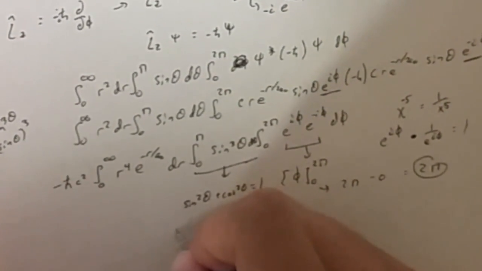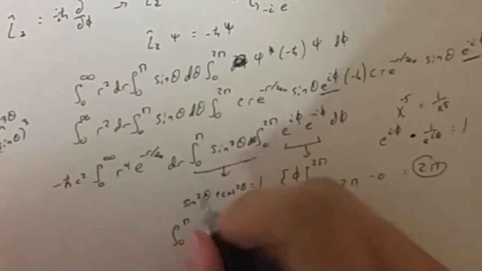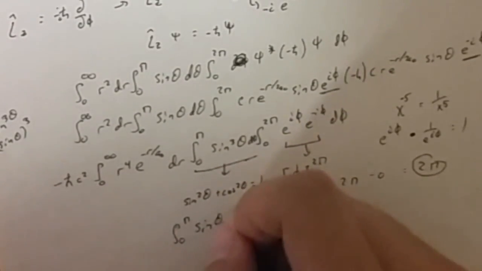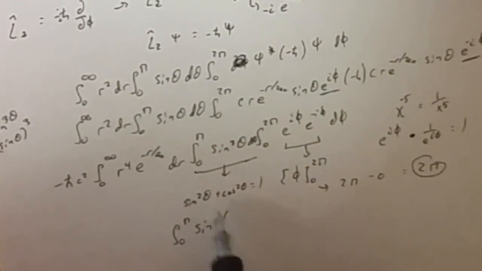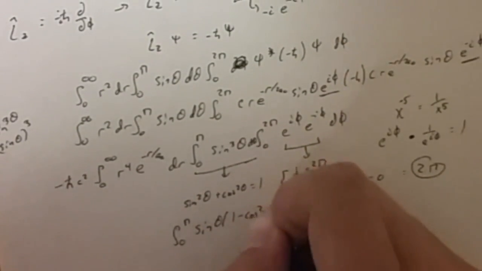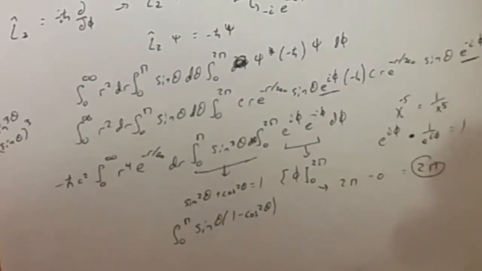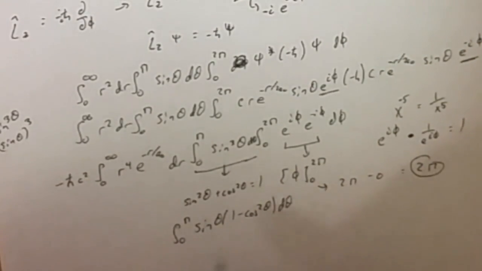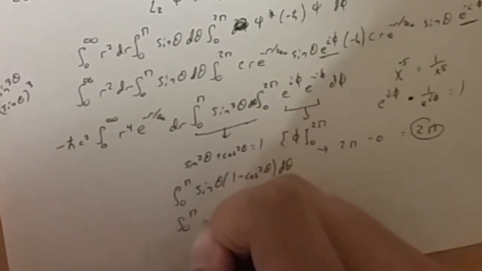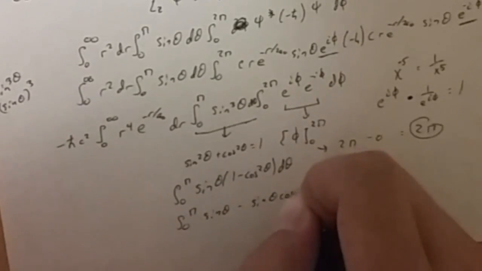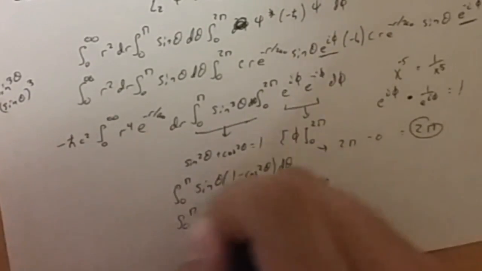So we can rewrite this part as the integral from 0 to pi of sine theta, and then we'll write the other two sine thetas as 1 minus cosine squared theta. Then we can distribute: sine theta minus sine theta cosine squared theta d theta.